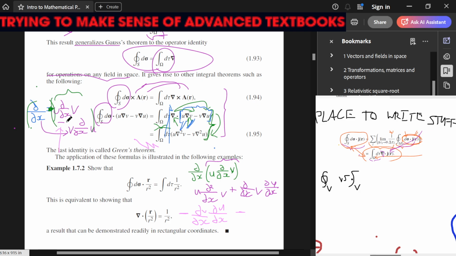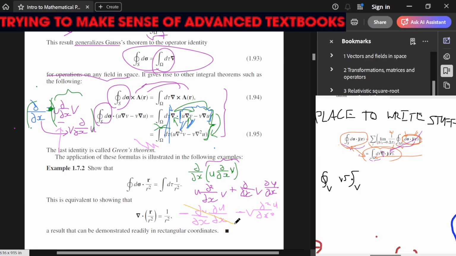We already did del v, so we need to differentiate this again. It's minus v del 2 del x squared, acting on u.